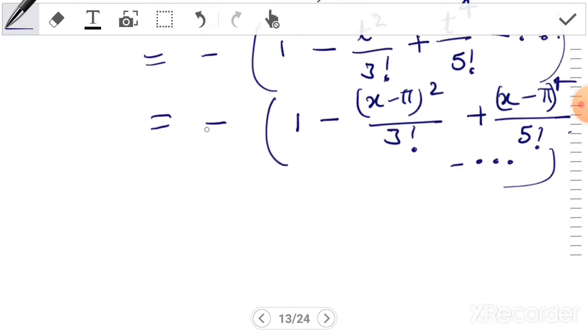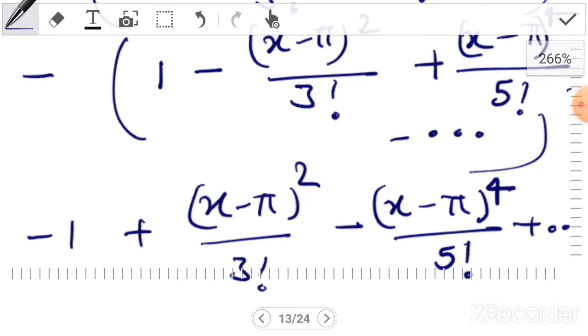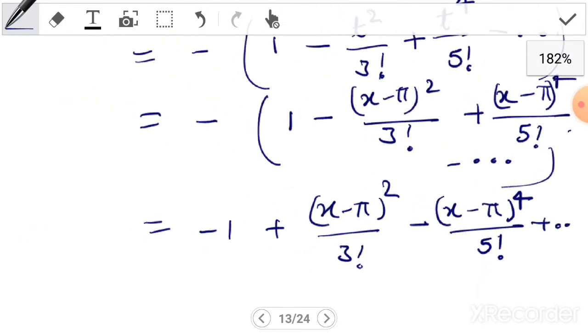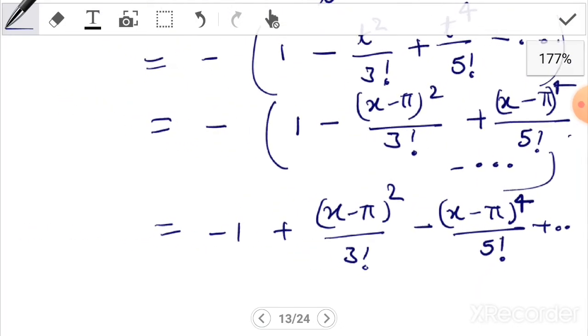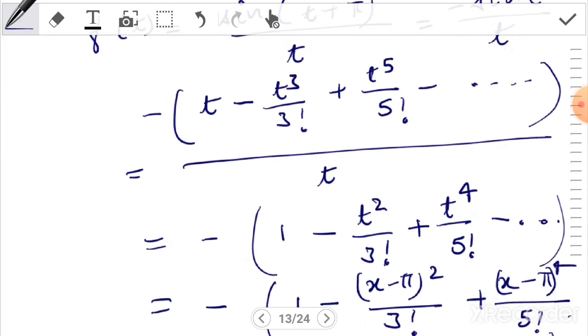Now take this negative sign inside, so minus 1 plus x minus pi whole square by 3 factorial minus x minus pi raised to the power 4 by 5 factorial and so on. Solved. Now let's go to the next problem.